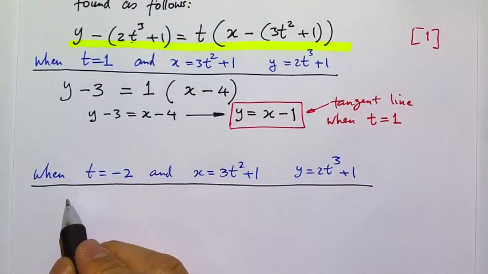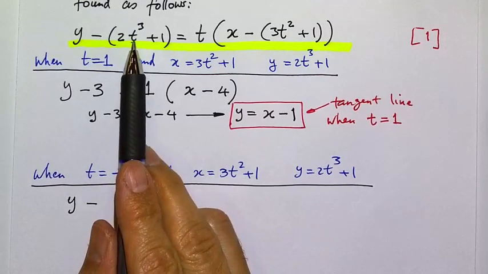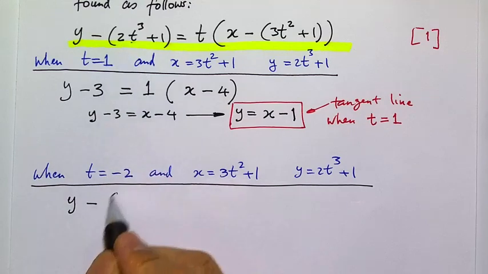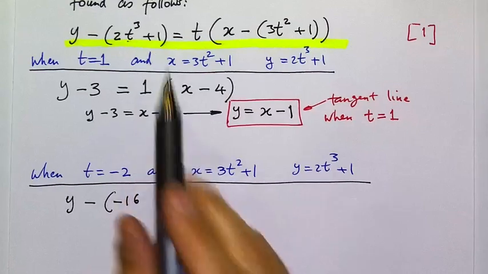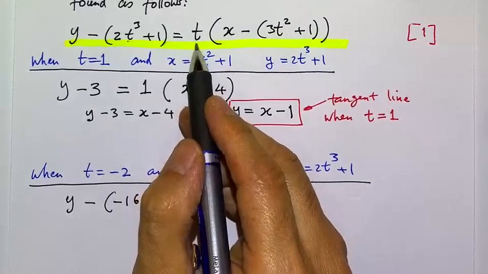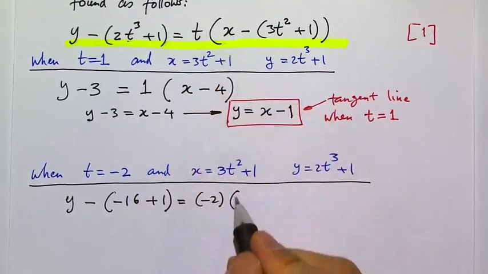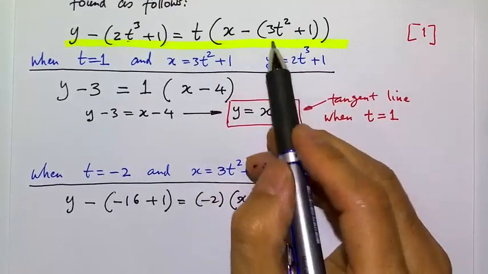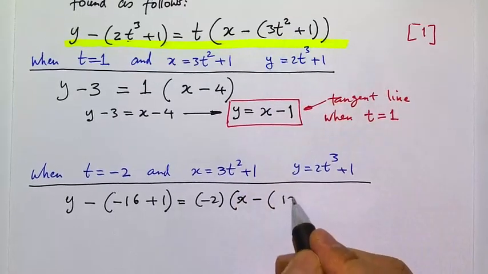Okay. So we have y minus (negative 2 cubed is minus 8 times 2 is minus 16, and then minus 16 plus 1, of course, right?). And then this t is going to be minus 2 times x minus (t squared is positive 4 times 3 is 12 plus 1).